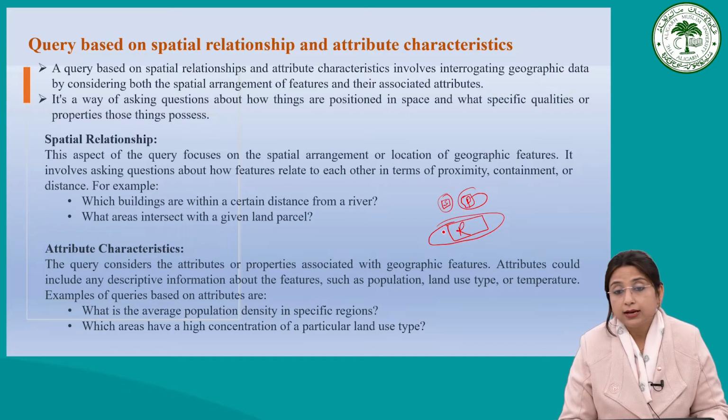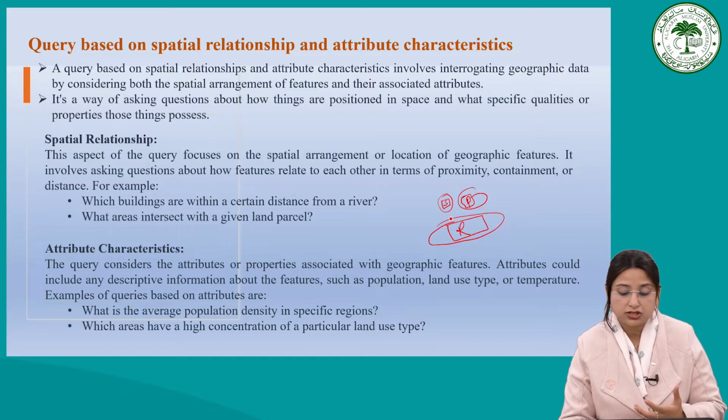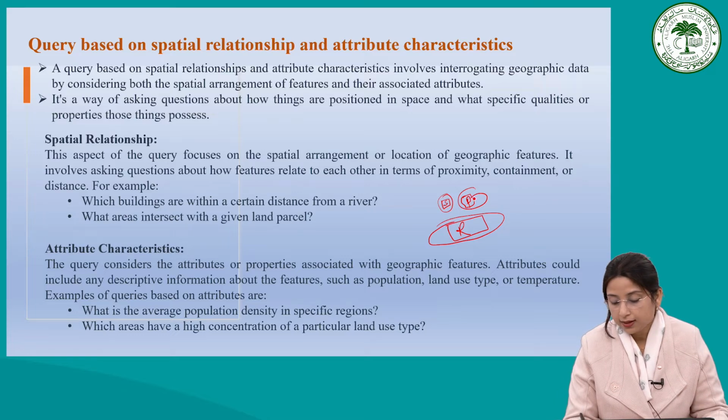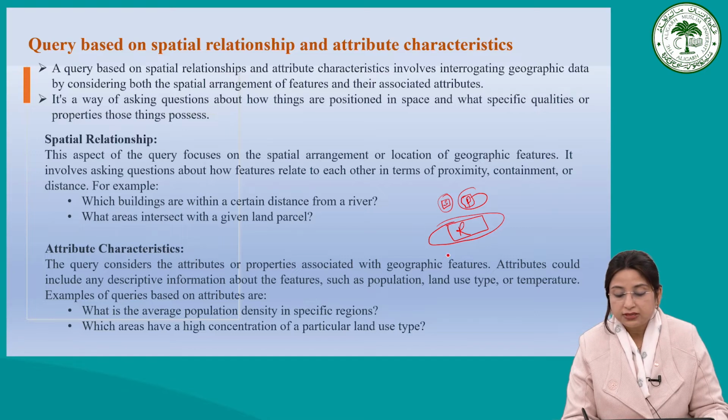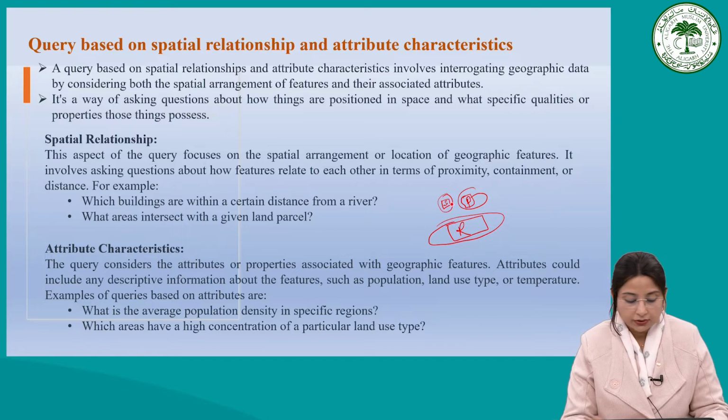Then the associated attributes and relationships we have to assess in the query. For example, the school is near the residential colony, and the park is near the school as well as the residential colony. It forms certain types of spatial relationships.